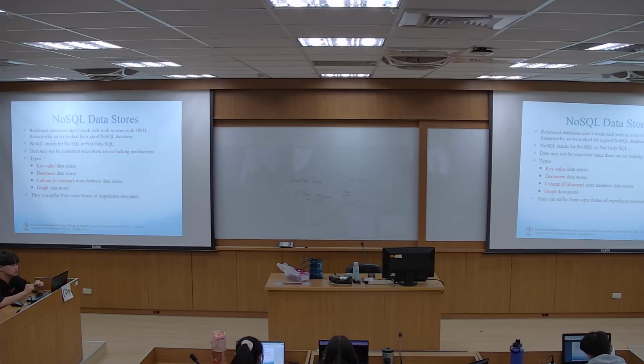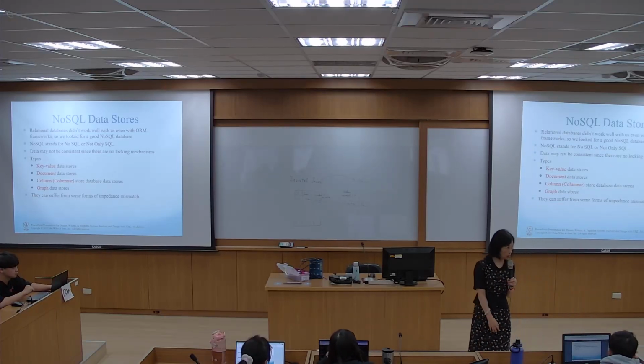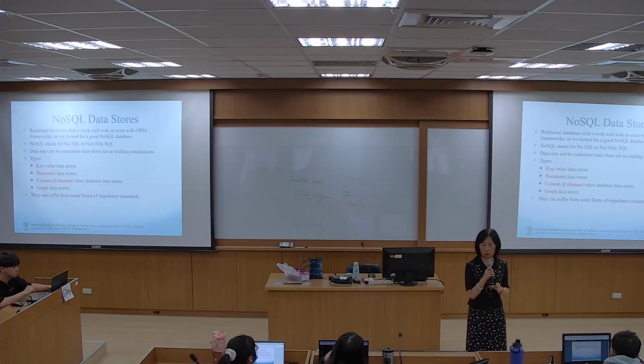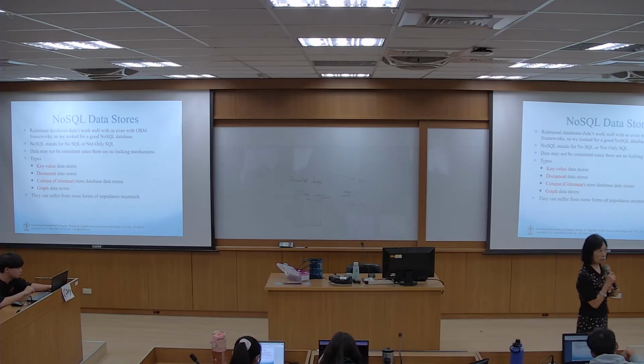Do you understand what I mean? Same key for each record. Yeah, so here we just sort order, right? In a relational database, every record should have the same field, right?